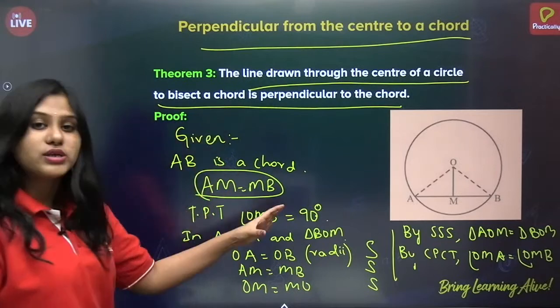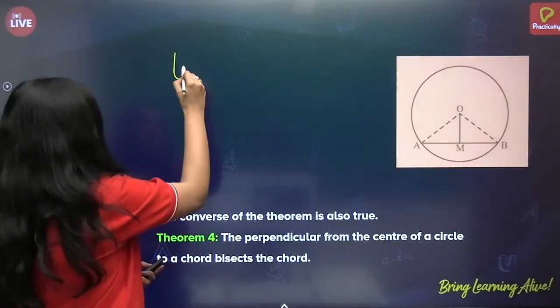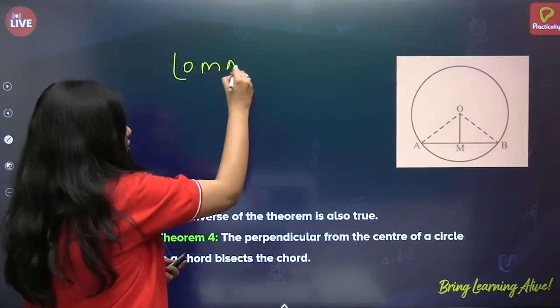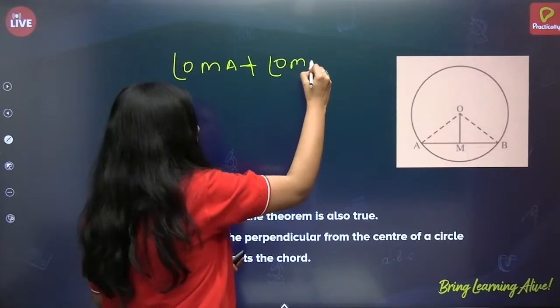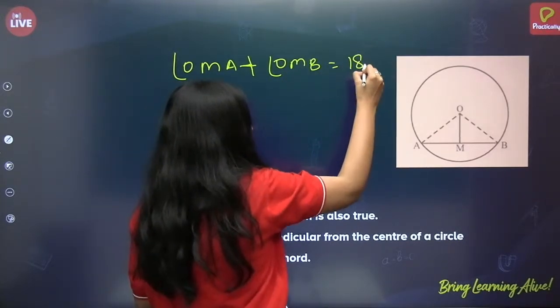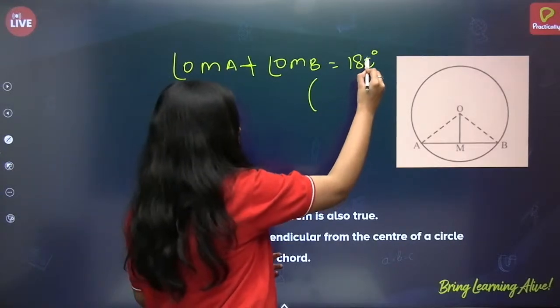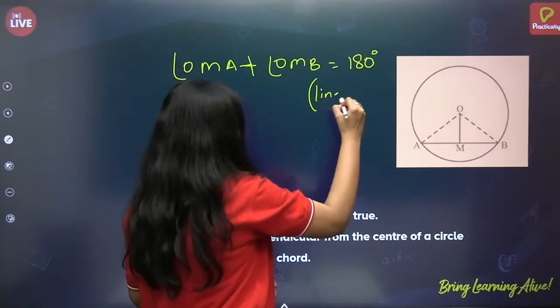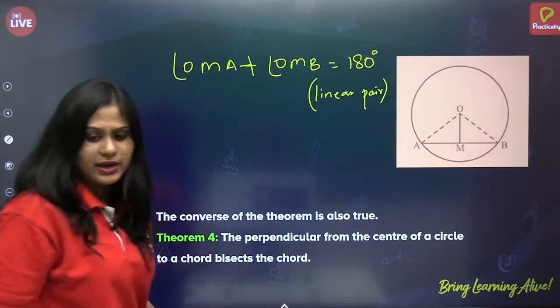We are proving this theorem, right? So, I can tell that angle OMA plus angle OMB is equal to 180 degrees. Why? Because it is a linear pair, or it's a straight line, correct?